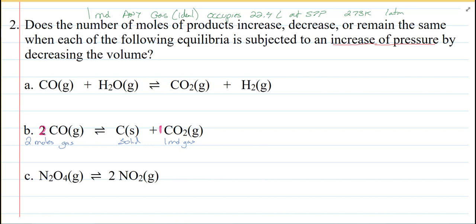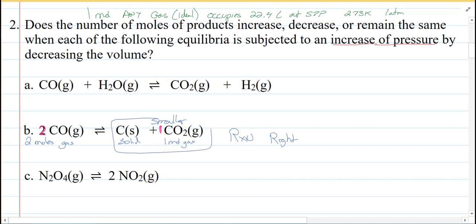That means that the reaction will go to the right. Why? Because the right-hand side is smaller. So if we're increasing pressure by decreasing the volume, the reaction goes to the right, to products, because it takes up less space.